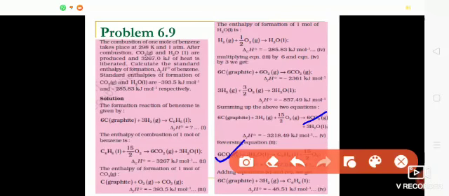Similarly, 3 moles of water will also get cancelled out, and 15 by 2 moles of oxygen will also get cancelled out. So we are left with 6 moles of carbon and 3 moles of dihydrogen to give benzene. And on adding equations 5 and 6, we get that the heat of formation for benzene is minus 48.5 kilojoules per mole.